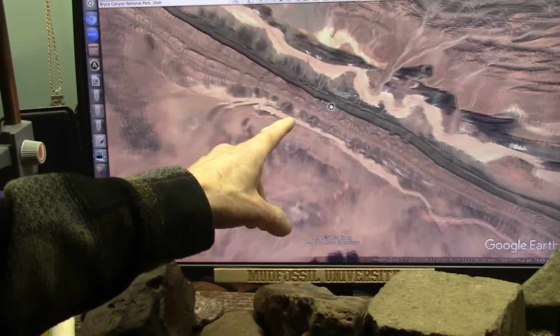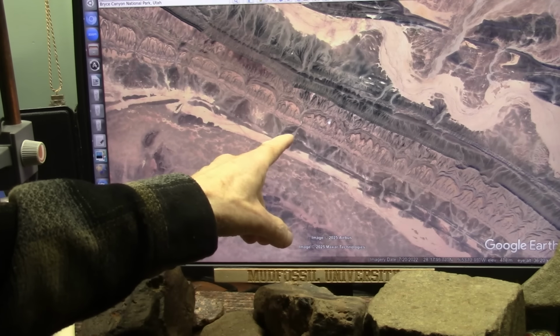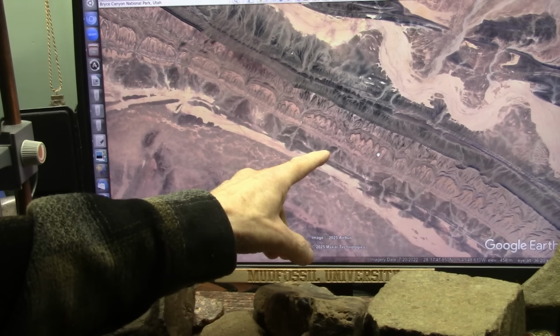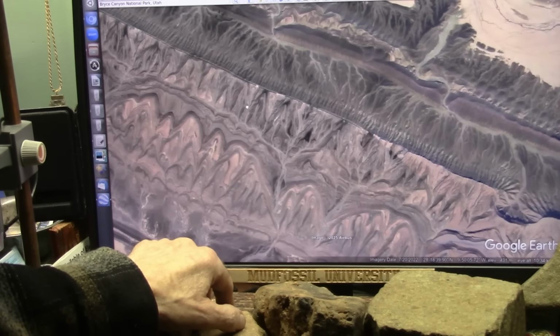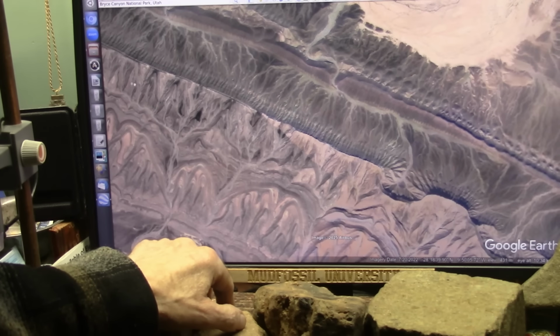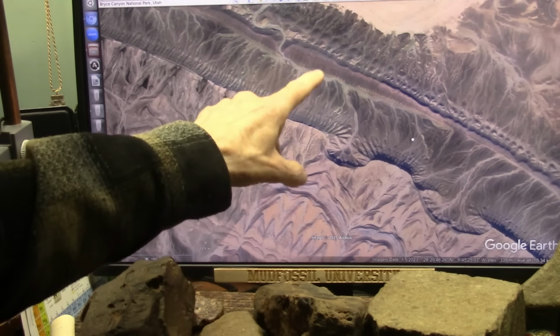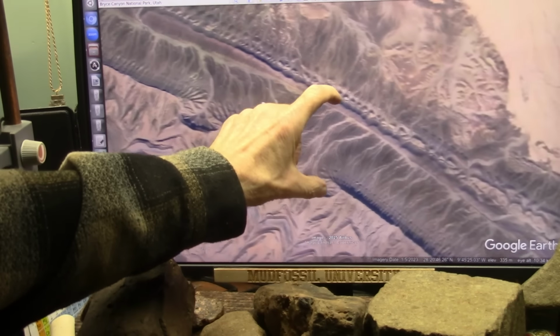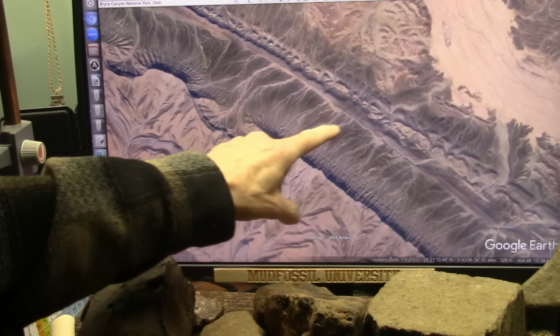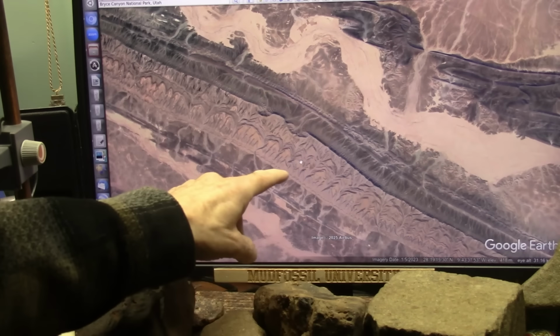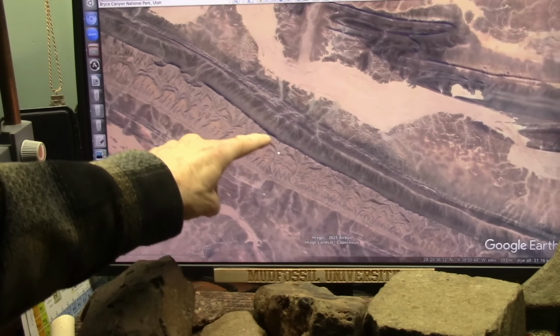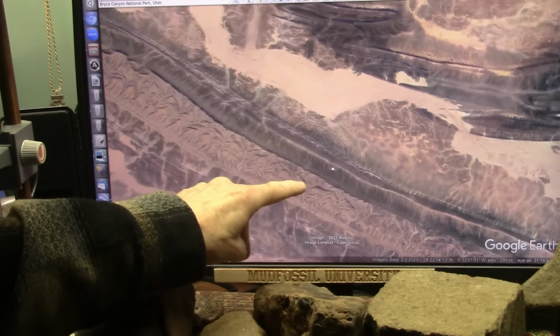That means the Dragon River. And these are the dragon scales. You see that? They run right straight down his throat. That's the swale of the river. This is all dragon scales. All the way down.